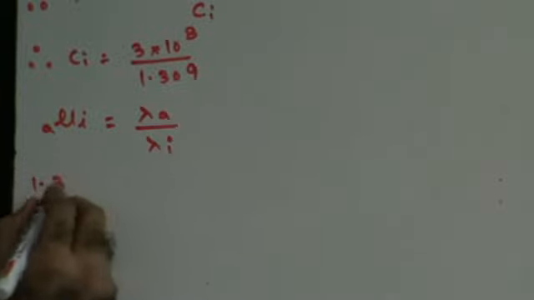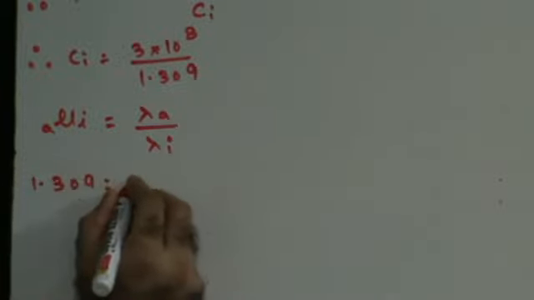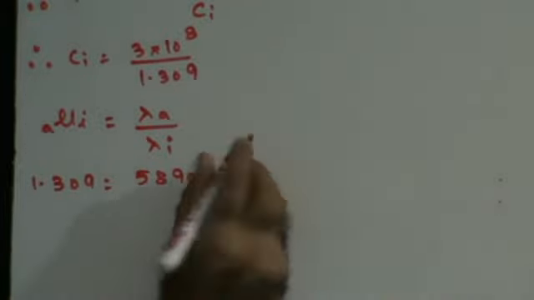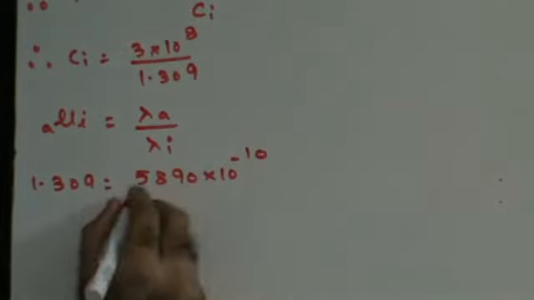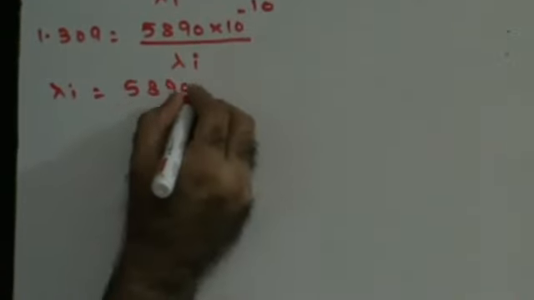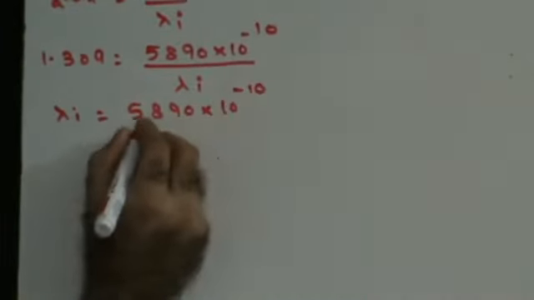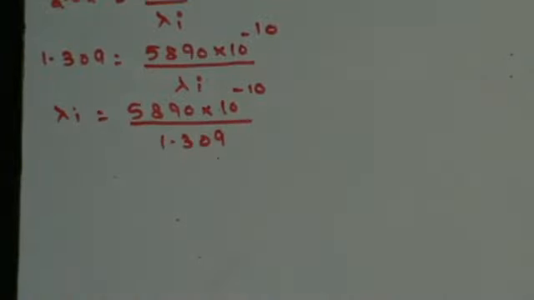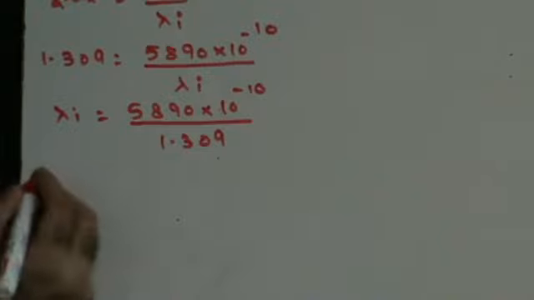So I can say 1.309 is wavelength in air, 5890 into 10 raised to minus 10, upon wavelength in ice. So you will come to know your wavelength in ice. Wavelength in ice is 5890 into 10 raised to minus 10 upon 1.309. Right? Once you have this, then you can find out frequency.